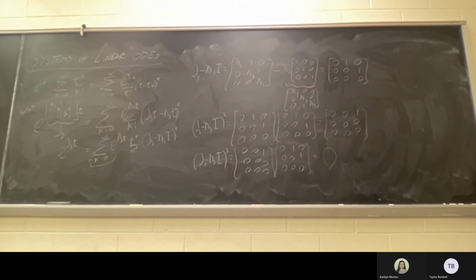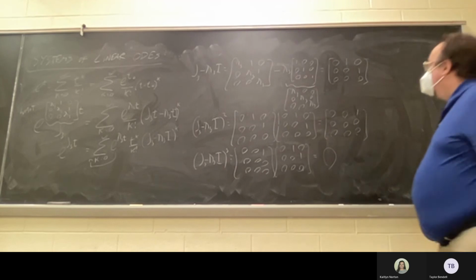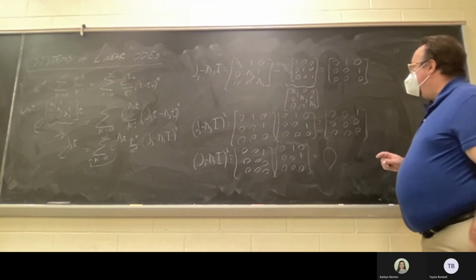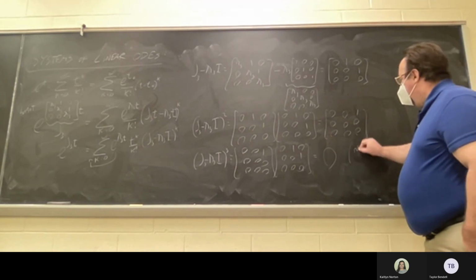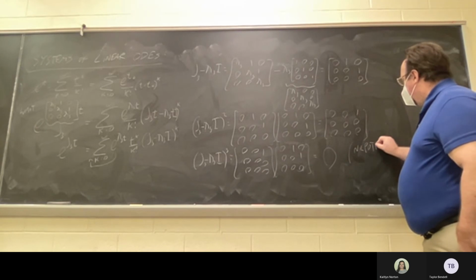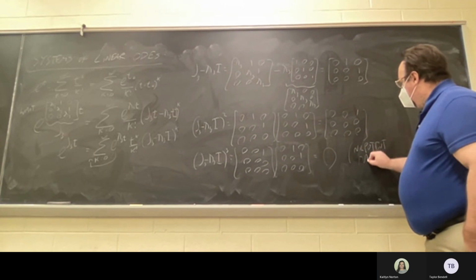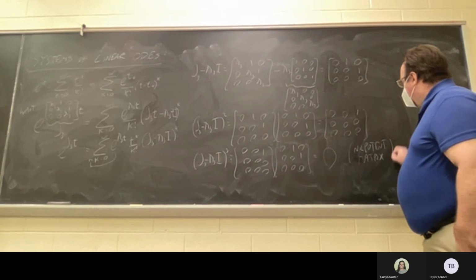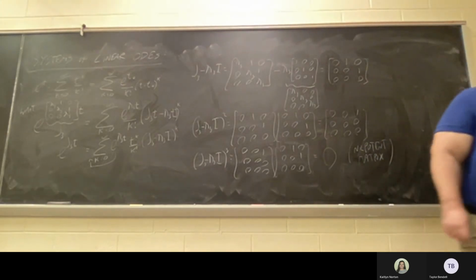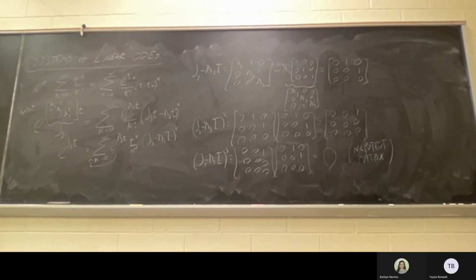Okay, so this is an example of what's called a nilpotent matrix. Any matrix that is non-zero, but becomes 0 once you raise it to a sufficiently high power, is a nilpotent matrix.